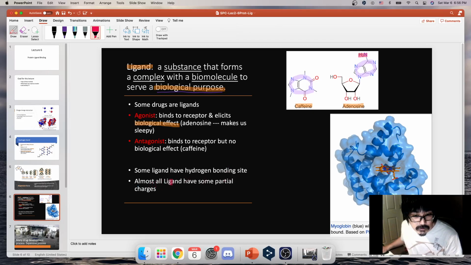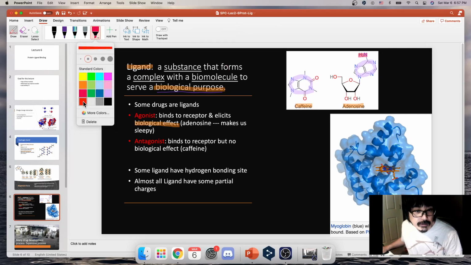And almost all ligands have some sort of partial charges. For example, the oxygen may be partially negative, and somewhere around here the carbon may be partially positive. And you can also calculate those types of things.